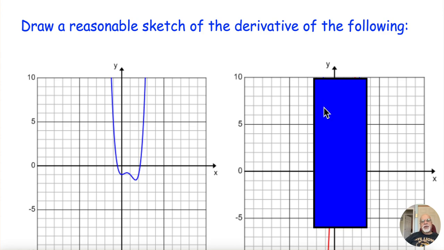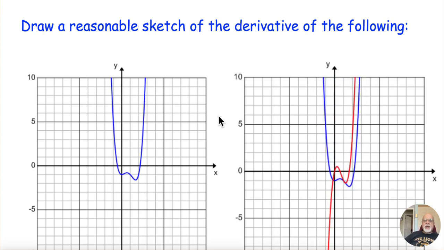So I've covered it up here. And so if I delete this, you can see what the derivative looks like. So wherever the quartic had humps or horizontal tangents, which occurred here, here, and here, that means that at those points, the derivative will have x-intercepts. So one there, and one there.